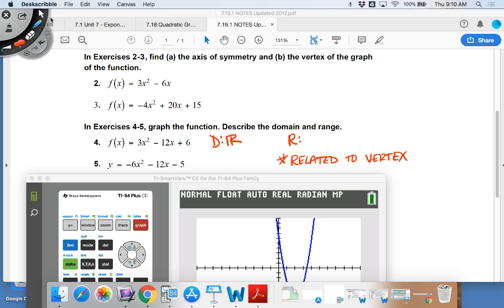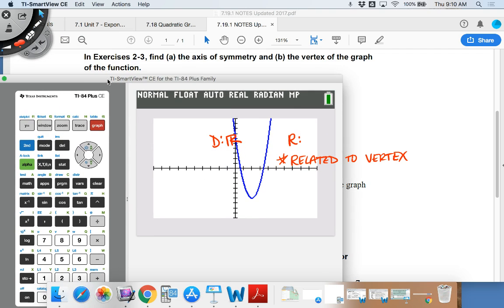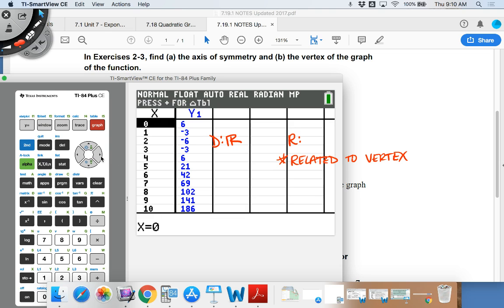So in this parabola, our vertex is the lowest point and it's at this spot right here. It's hard for us to see exactly what that is. So where can I get the values where I can know exactly where that is? Table. Our table. So we go to second table, and we know the vertex is kind of this point where it starts to mirror, right?